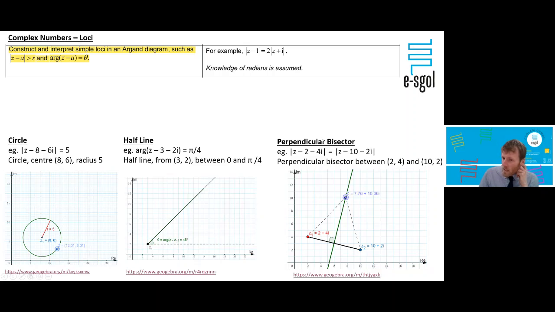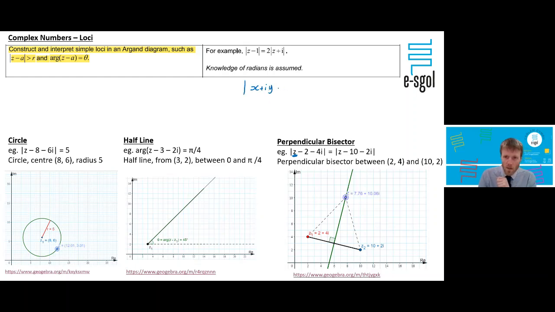the perpendicular bisector. For this one, I'm not going to do the whole question, because it's stuff you should have learnt already. But the idea is, if you're really struggling to remember it, remember z is represented by x plus iy.